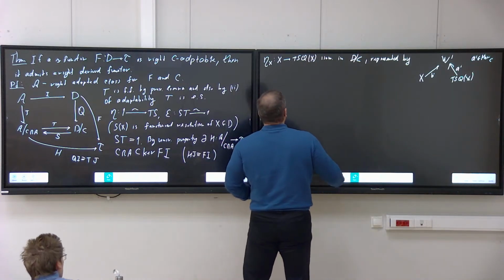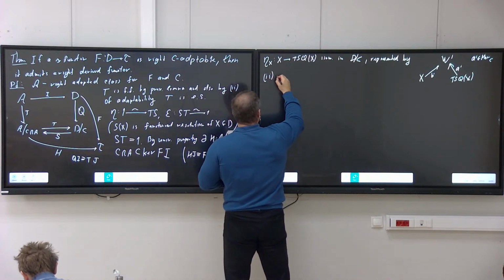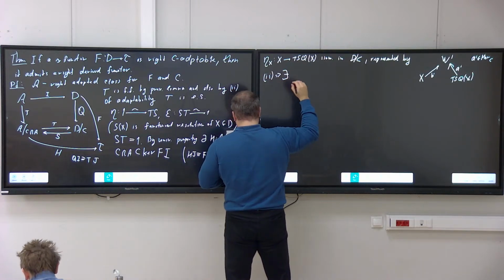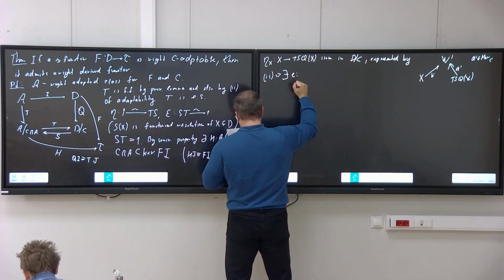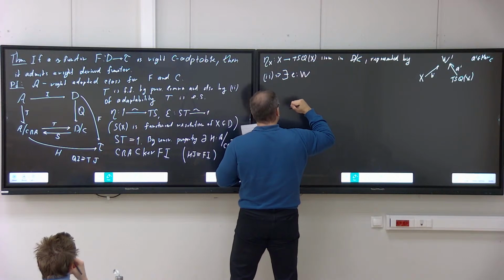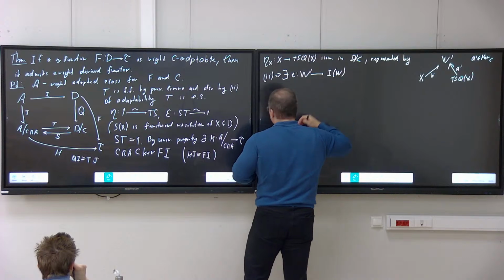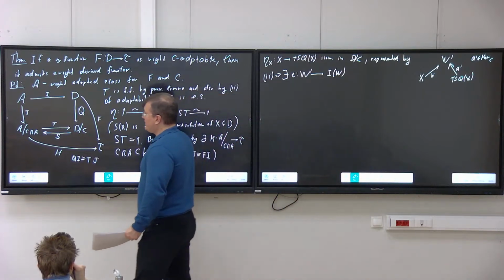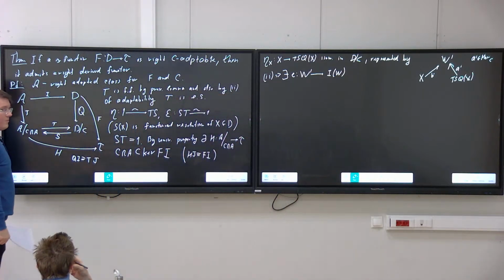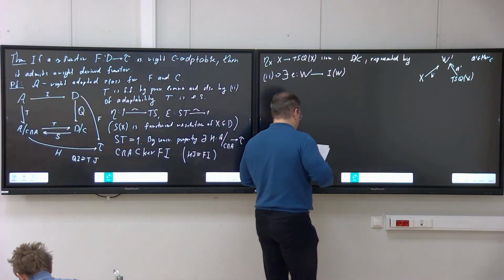But using condition 2, again, of the adaptability, we can claim that there is a morphism, I'm going to call this little e, from w prime to some I of w. So this I of w is just a way to say that I have an object in the category A. I want to reflect this in the notation, I don't want to write this with words.